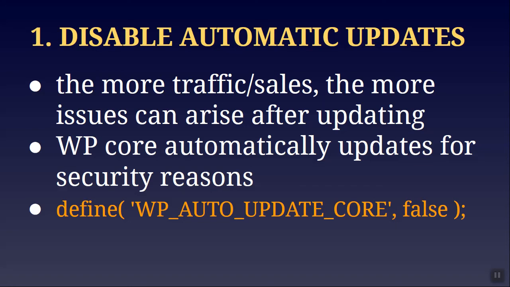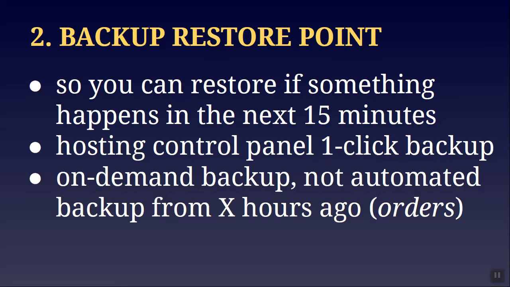And you can definitely test this core update on staging before it's done automatically. So this is important to know. You shouldn't really allow automatic updates, no matter if it's core, WooCommerce, other plugins or themes, because things can break. So you need to really test each update once it's released.